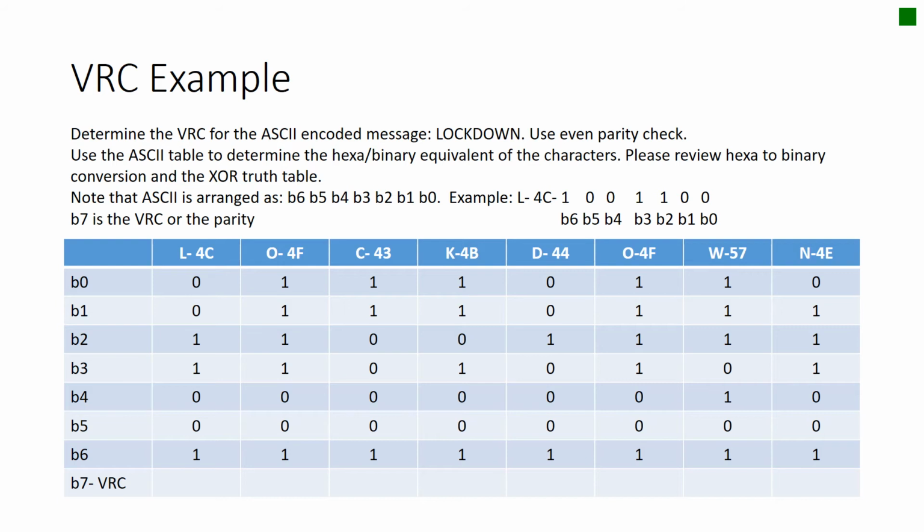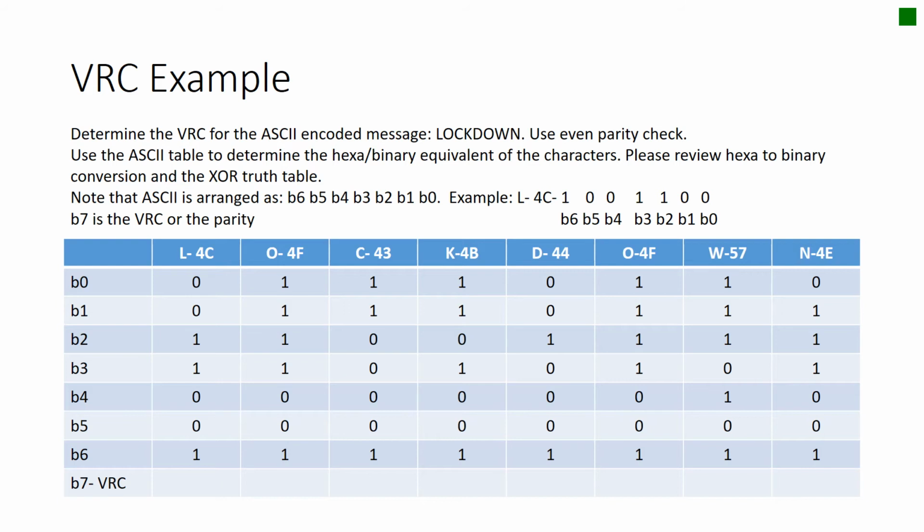And then on the instruction, use even parity check. Again, instruction: use the ASCII table to determine the hexa and binary equivalent of the characters in LOCKDOWN. Please review hexa to binary conversion and review the XOR truth table.